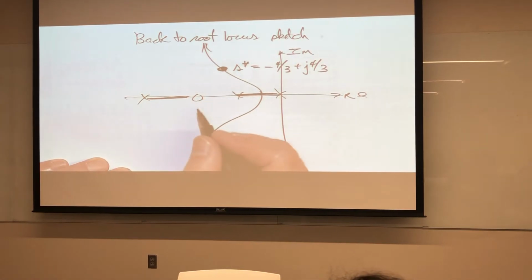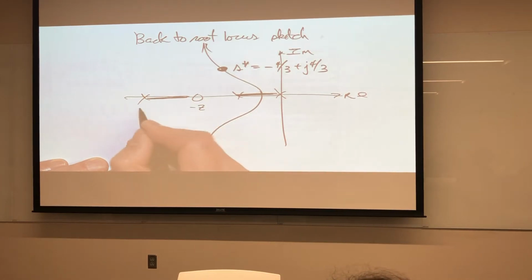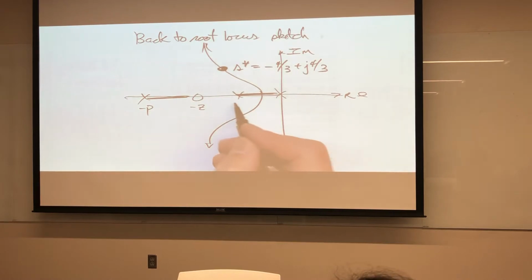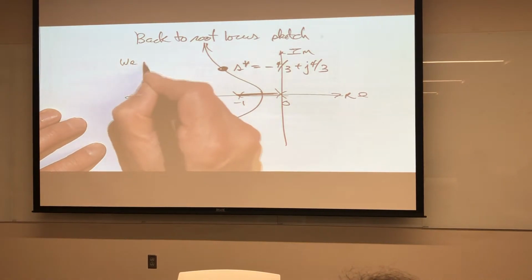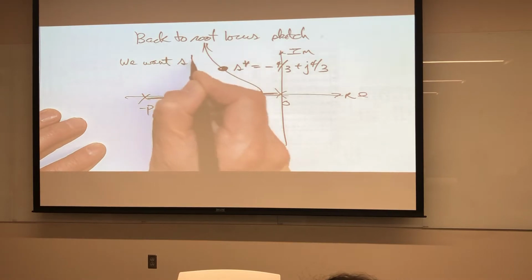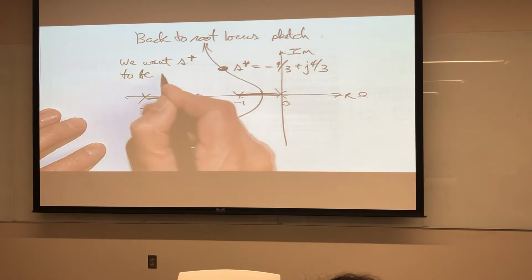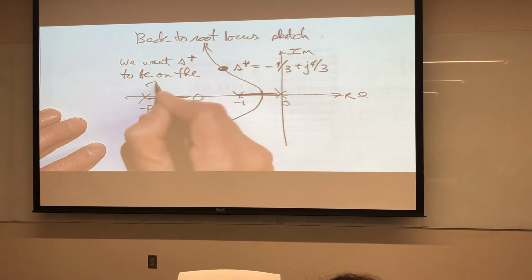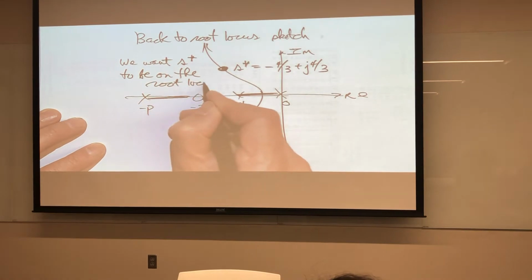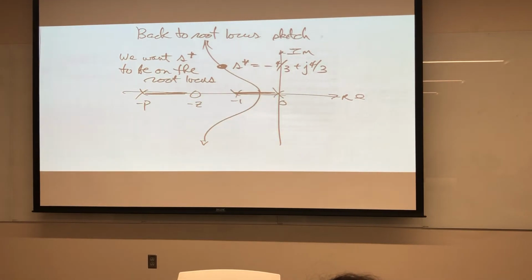And we have to design now this number and this number. Okay, this is known. These two are known. That's the plant, but these two are unknown. We want S star to be on the root locus. That's the point of root locus design.